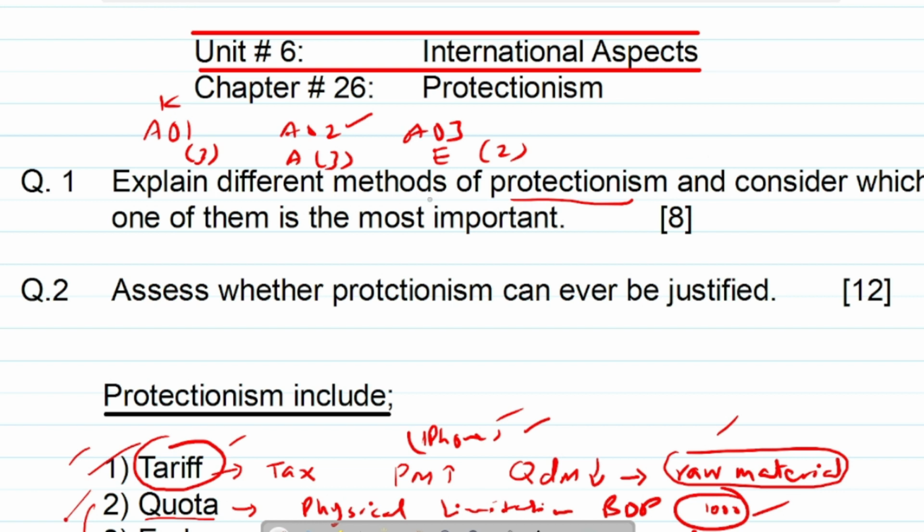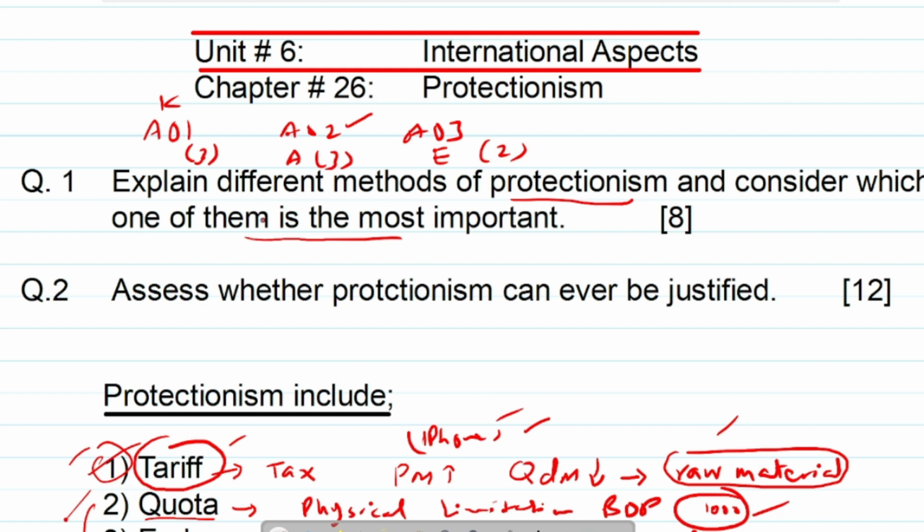And at the end, you will evaluate and identify any one of them, and you can say that in conclusion, although all the methods have their own importance, tariff is the most important factor that should be considered, because it causes more retaliation by the other countries, and it increases the prices of raw material, imported raw material, machinery, technology and tools. So local industry that uses imported raw material, technology, tools will be affected a lot. So this is how you can basically conclude it.